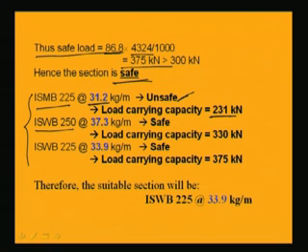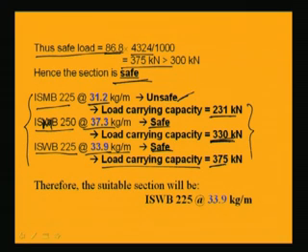Similarly, ISMB 250 at 37.3 kg per meter, this section is safe and its load carrying capacity will be 330 kilonewton. And if I choose ISWB 225 at 33.9 kg per meter, this is also safe, whereas load carrying capacity is 375 kilonewton.